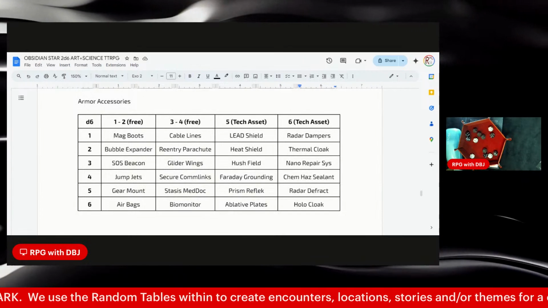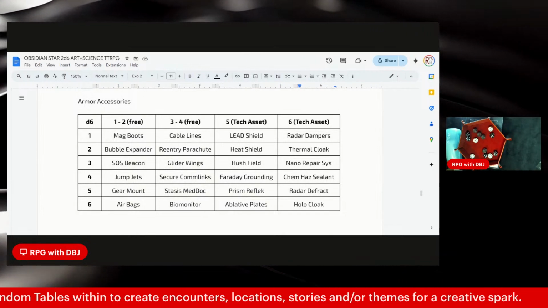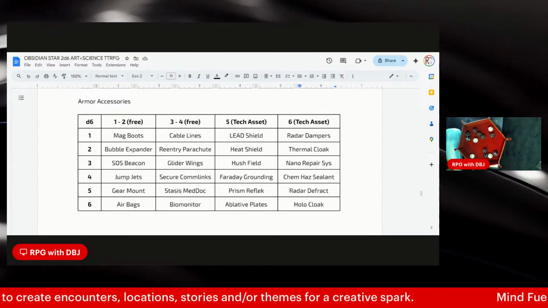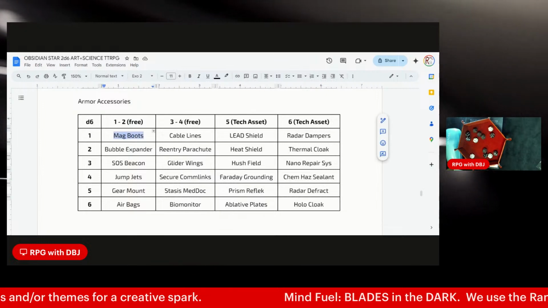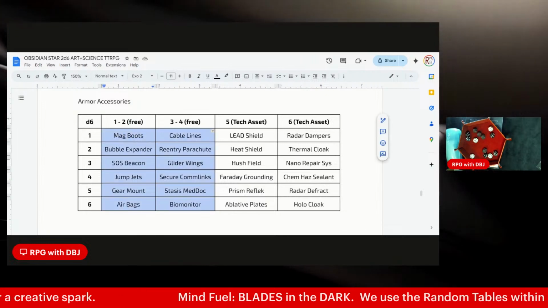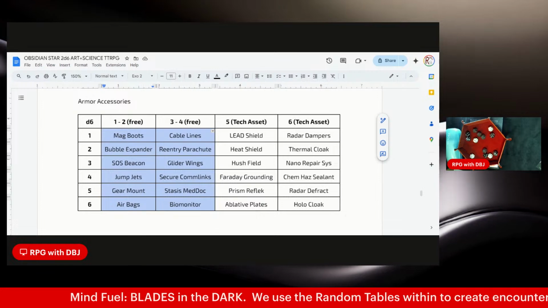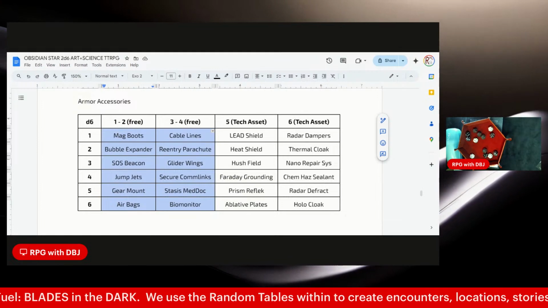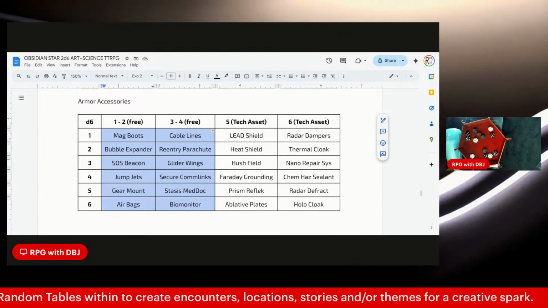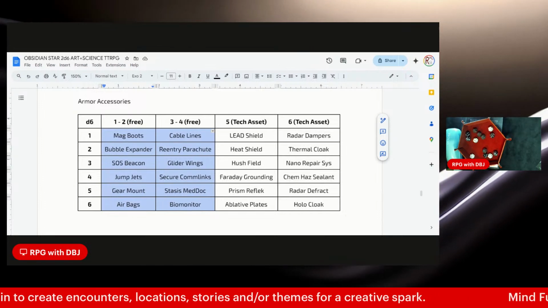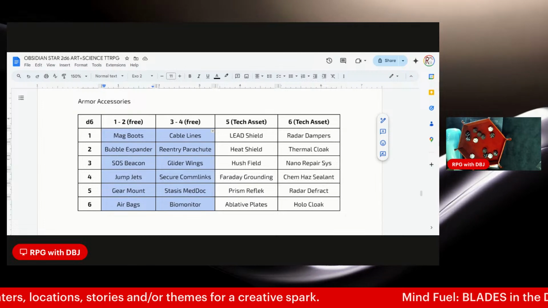Armor, accessories, free accessories, and tech assets. Free accessories are things that you normally see that you can place inside your armor. Armor comes in 3 levels, 1, 2, and 3. That's how many spaces are in the armor. And free items don't take up any space.